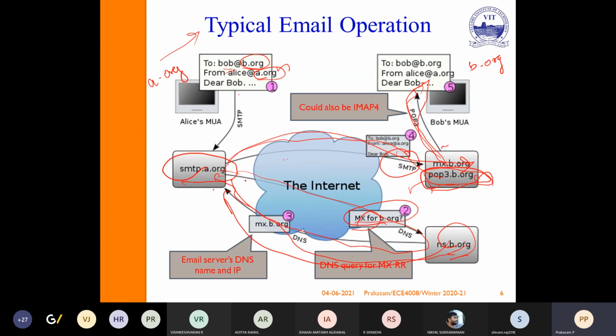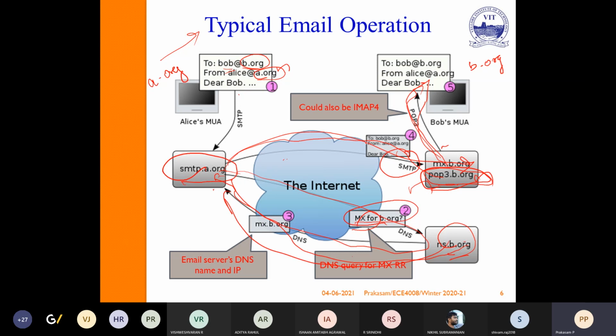So if within the same system, no need for these 4 and 5 steps. Only 2 steps are required, or maximum 3 steps, from a user to the server to the receiver. But since it is done across different domains, first you have to access the respective domain. You send the message, I want to send a mail to this person. Then it will respond, okay, this is the respective POP3 post office protocol server for Bob at b.org.